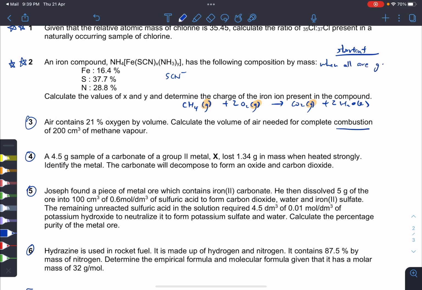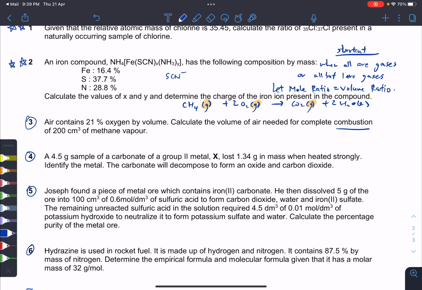That means in the equation, all the reactants and products are gases, or all but one are gases. So in these two situations, the shortcut is you can simply let the mole ratio, which is what we usually use, equal to volume ratio.